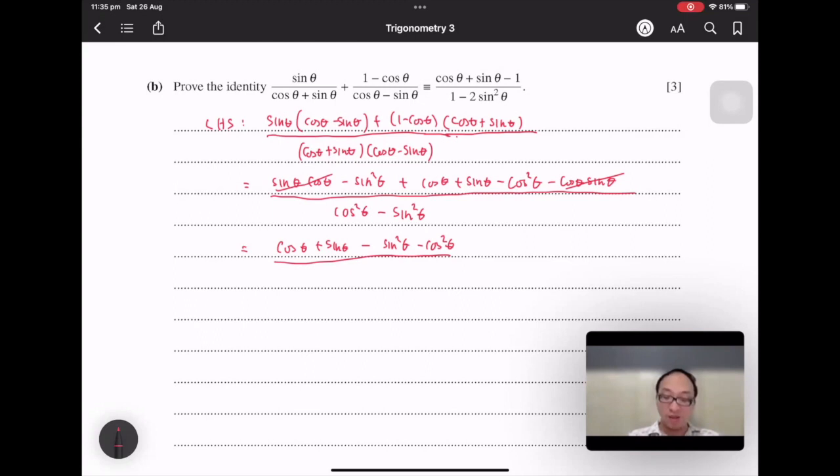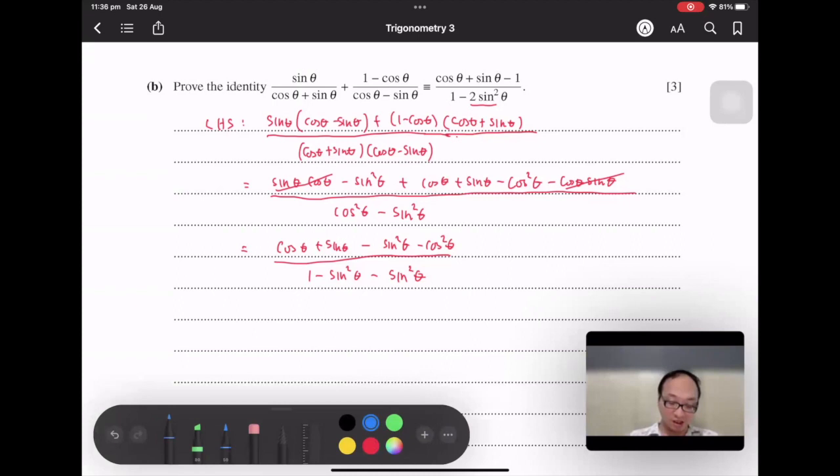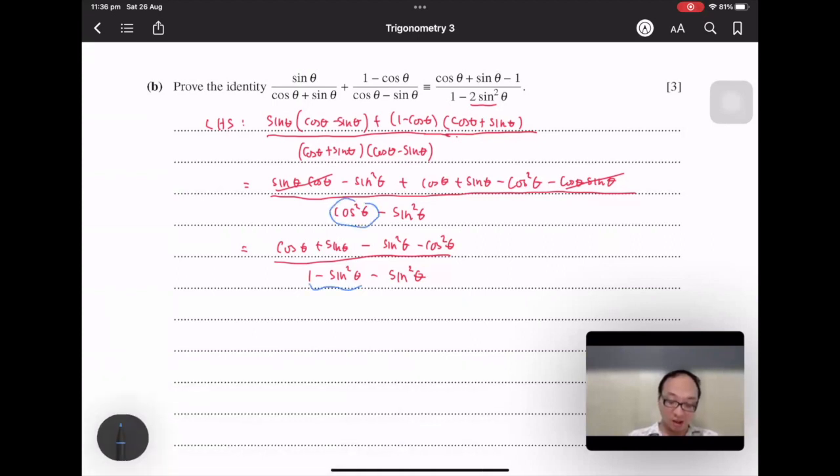We see that the denominator should be only in sine, so I have to change cos square theta. So 1 minus sin square theta minus sin square theta. So I change this into this.